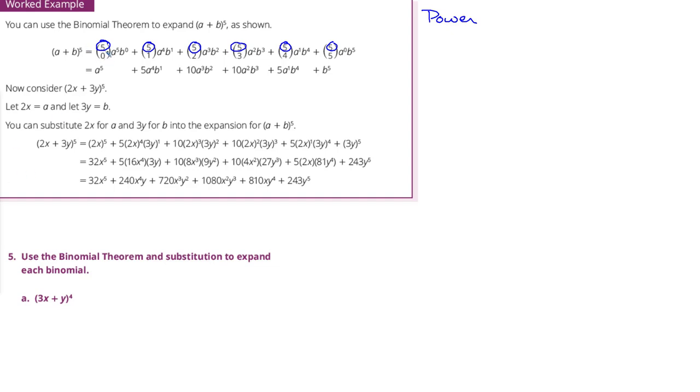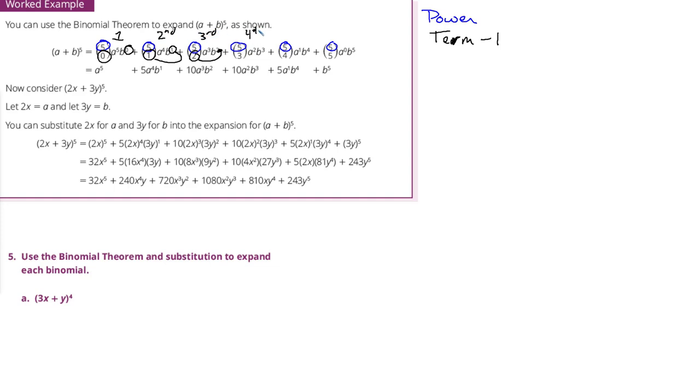The bottom number is the term minus 1, and that also is your power on your b. Those will always match. So this is the first term of the sequence, second term, third term, fourth term.